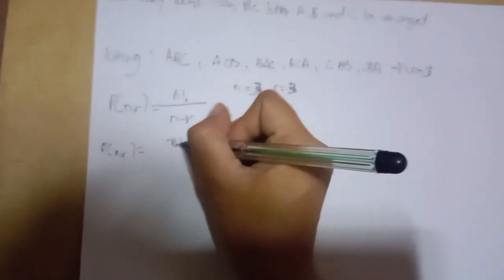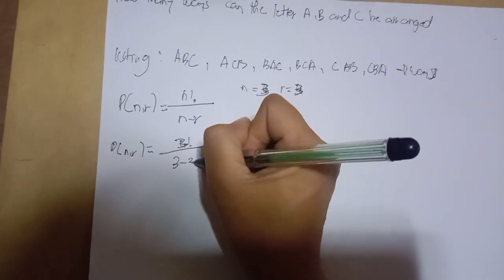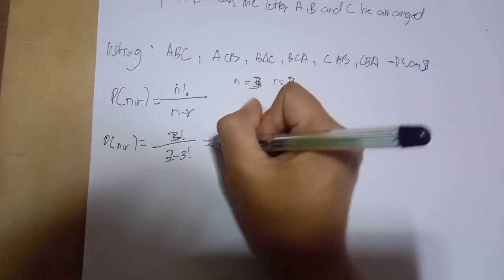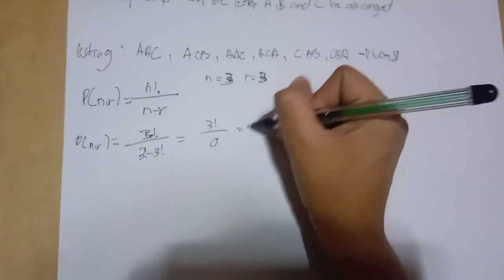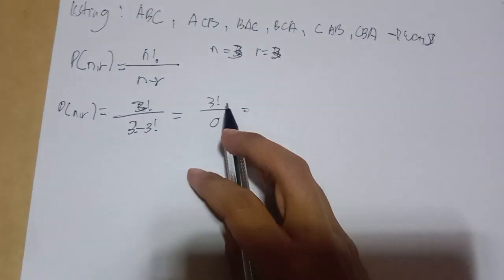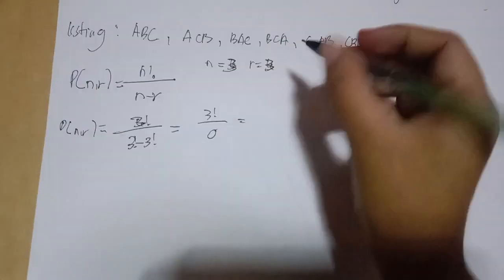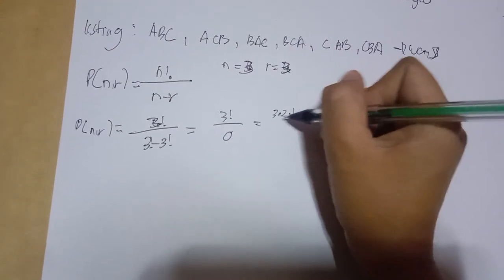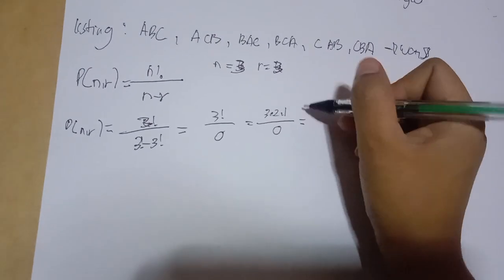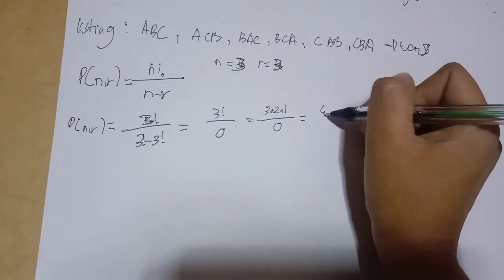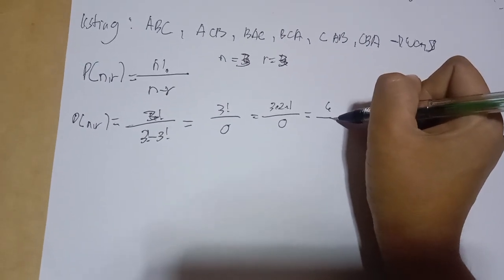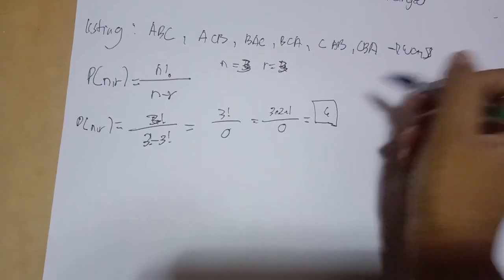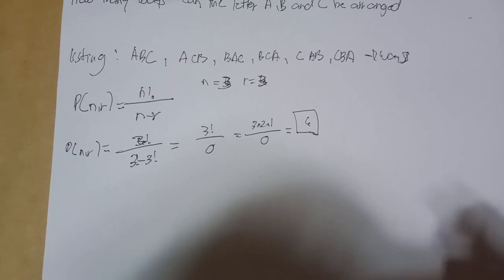Sorry for the mistake. So n is 3 factorial over 3 minus 3 factorial. 3 minus 3 equals 0, and 0 factorial is 1, same as in the earlier example. So 3 times 2 times 1 over 1 equals 6. The final answer is 6 ways. Get it? Okay, very good.